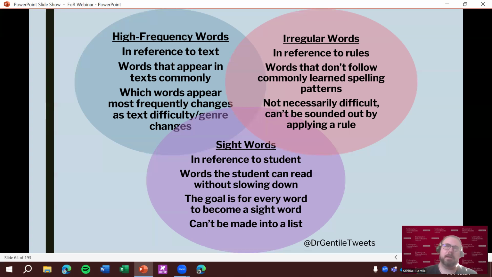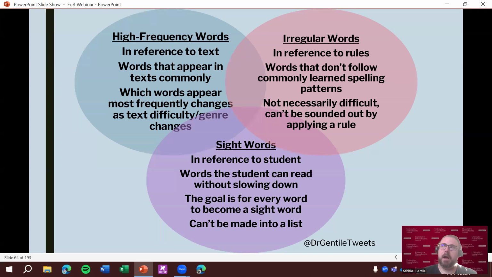So let's go back to that sequence. If I have a first grade or kindergarten student, and I haven't taught them the R controlled sound, and therefore I haven't taught them the R controlled syllable type, that's going to be an irregular word until I teach it to them. And once I teach the R controlled sound, that's going to become a regular word for them because they have the rule.